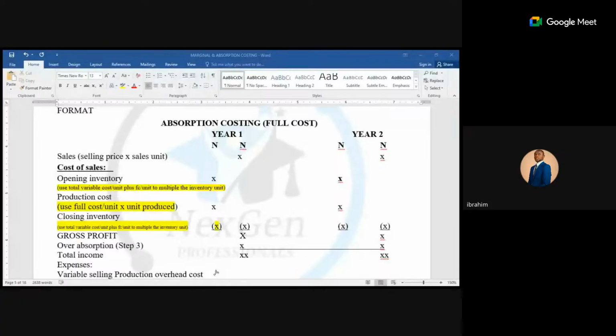For those who are just joining us for the first time, you can go to the playlist and check marginal costing. You will see how to determine opening inventory as well as the closing inventory. Now, the question is, you've determined your opening inventory. Sometimes it may not be given.